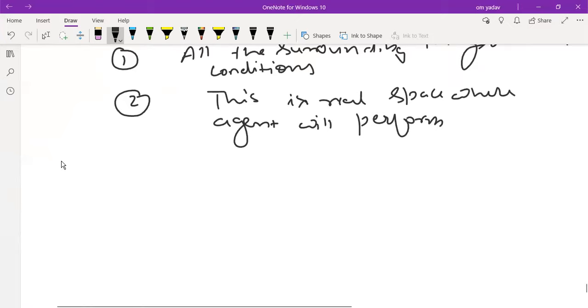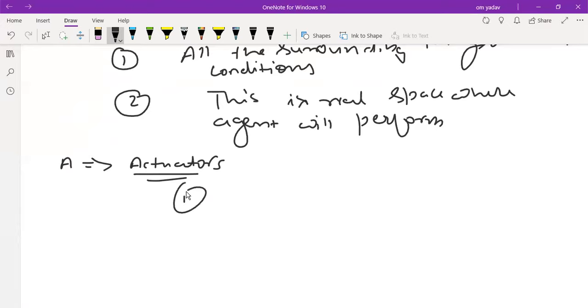So let's see about A, that is actuators. So what is this actuator? It is nothing but an interface, the interface through which the output is presented to the real world.